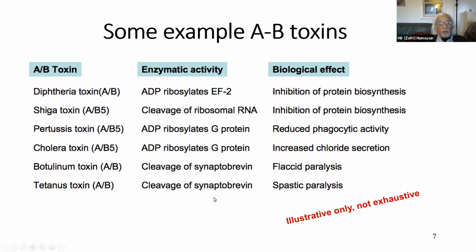So the consequences are also various. For example, diphtheria toxin blocks protein synthesis. Botulinum toxin causes a kind of paralysis called flaccid paralysis, and so on and so forth. We'll see specific examples of mechanisms in subsequent slides.